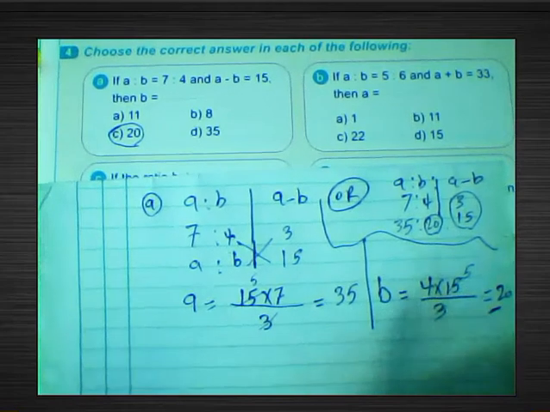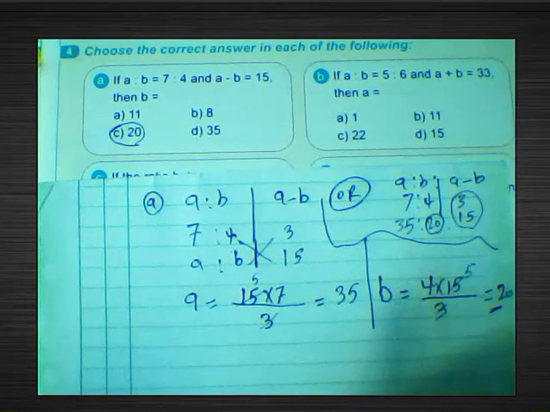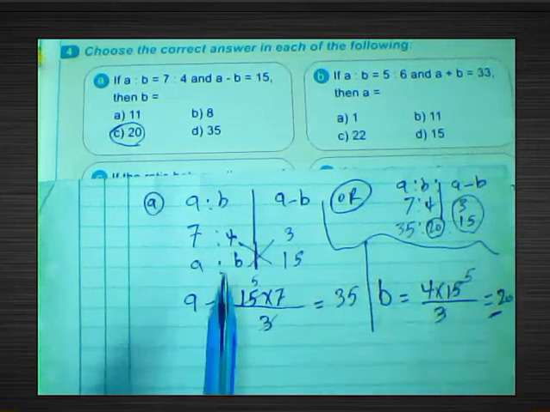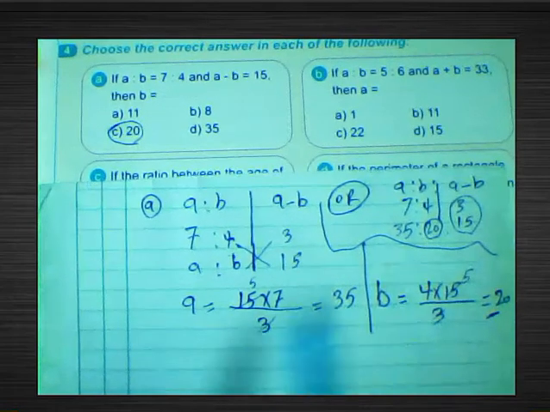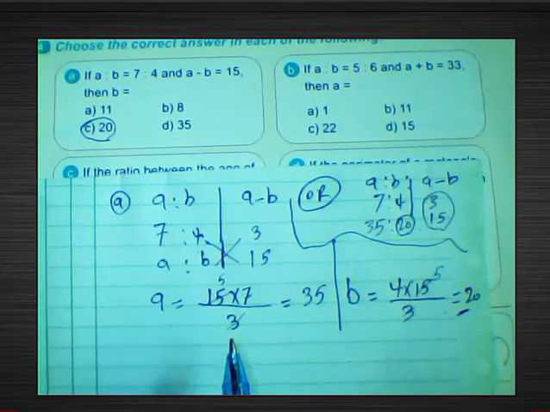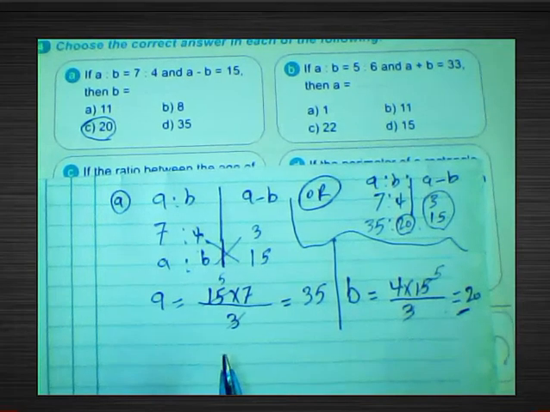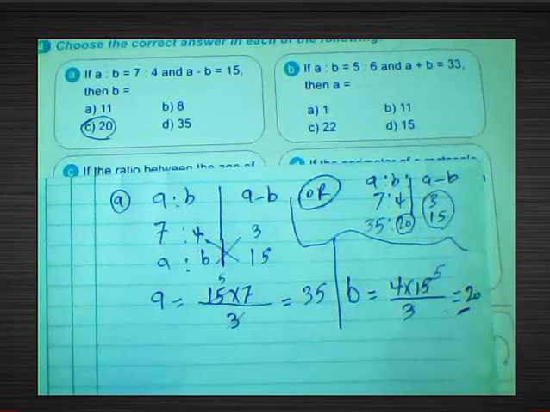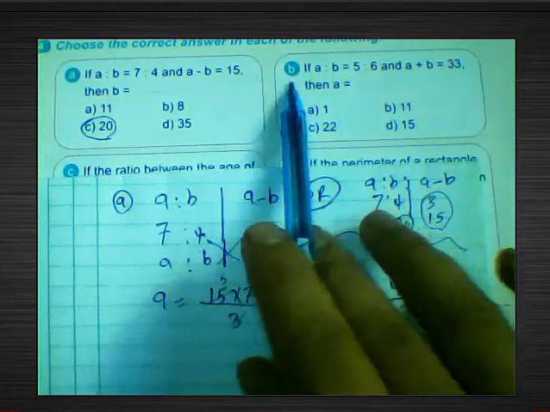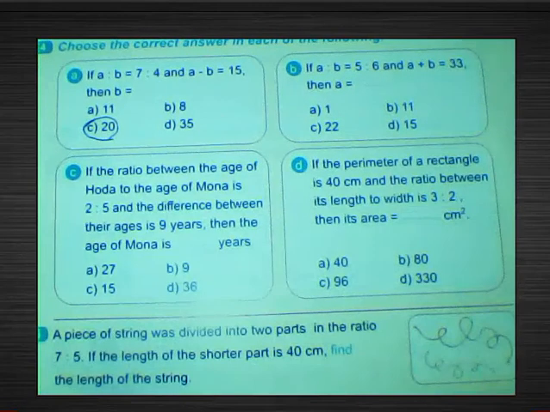It's another method. It's okay, as you like. If you solve it this way or that way, you will get the true number. Don't panic. It's easy for you, as you like. Letter B. Look at this question.